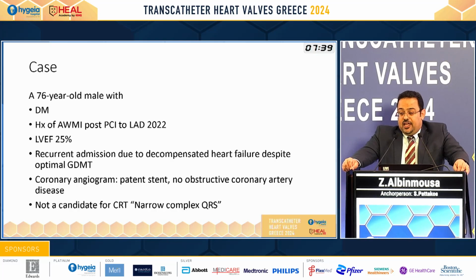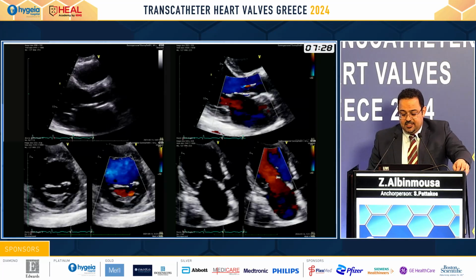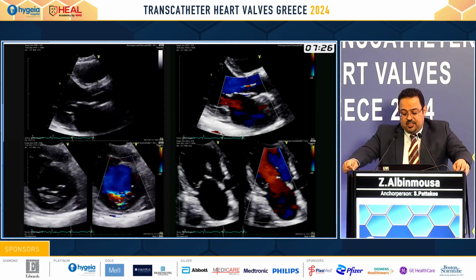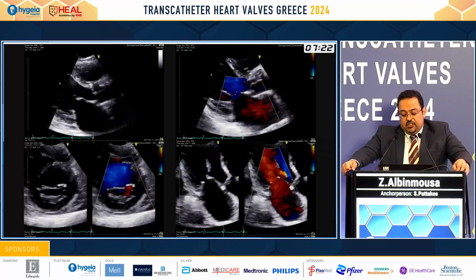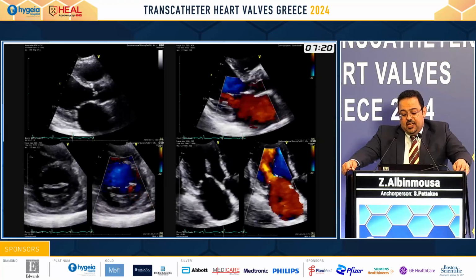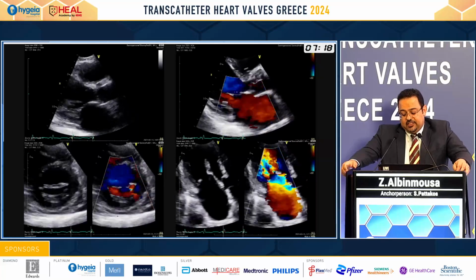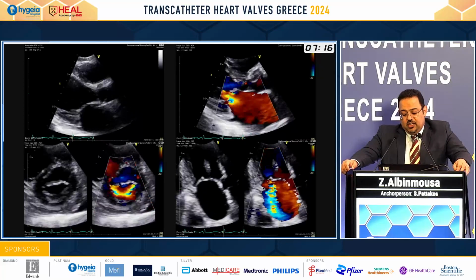A recent coronary angiogram showed patent stents with no obstructive coronary artery disease. Not a candidate for CRT because he has a narrow complex QRS, and this is his transthoracic echo. You can see severely reduced LV function, dilated left ventricle, and clearly a severe MR.